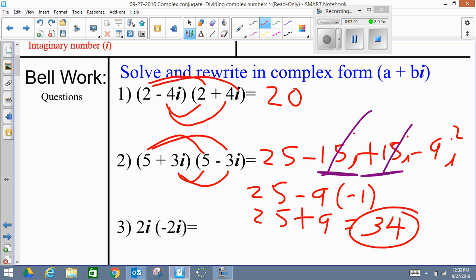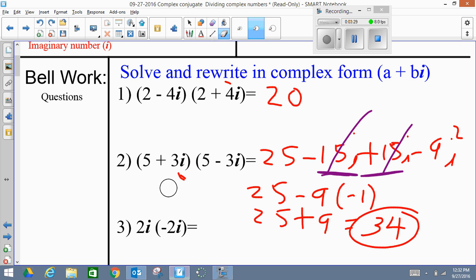So what's happening is the following. There's a pattern in these two problems. If you notice on the first and the second one, I have the same numbers, but the only change is the sign. I have 2 and I have 4i. The first one has a negative and the second one has a positive. So it's the same binomial but different signs. Look at the second one: 5, 5, 3i, 3i.